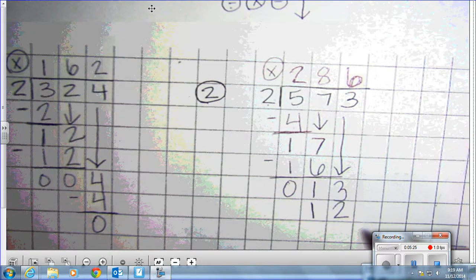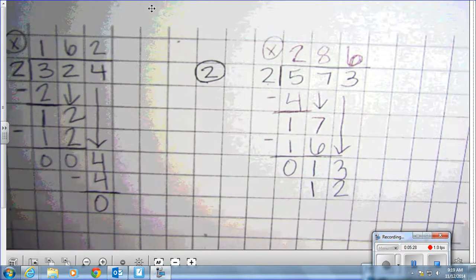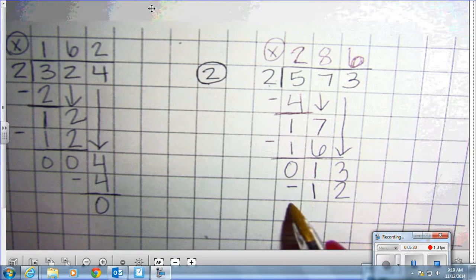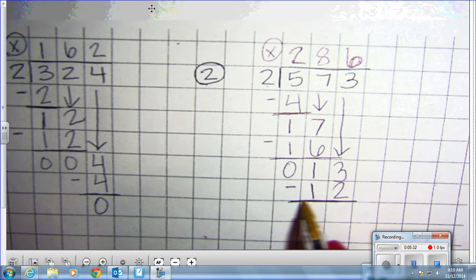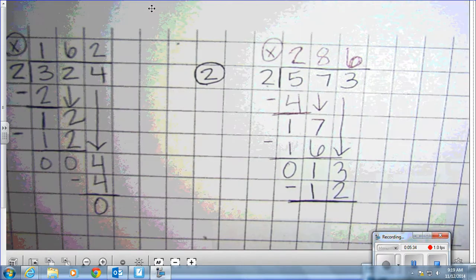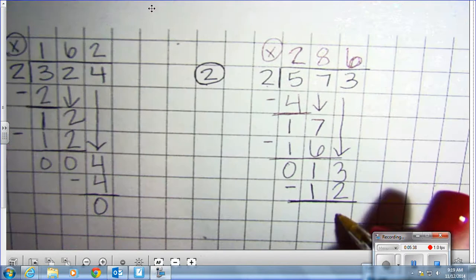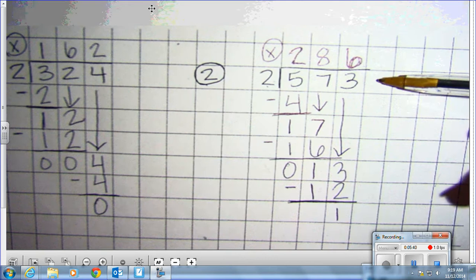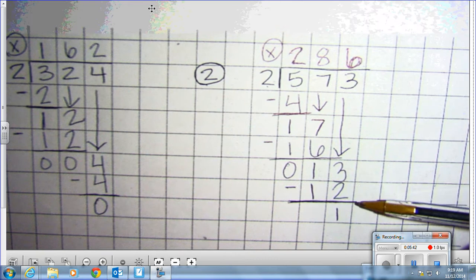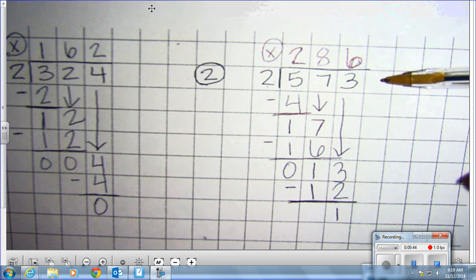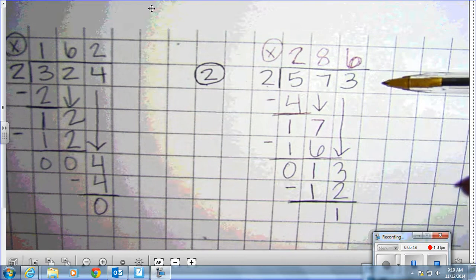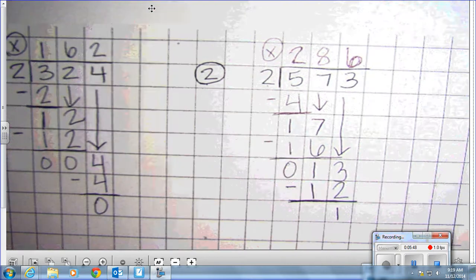So I divided, I multiplied, now I subtract. And what do I have? 1 becomes my remainder because there is nothing else to bring down. So I can't do my bring down step because is there anything else left? No, I brought down all my digits. Okay?